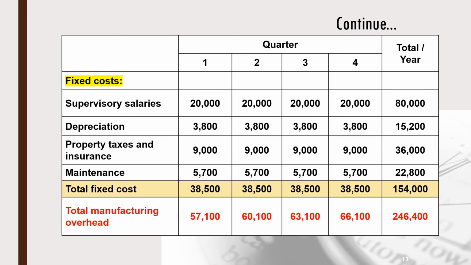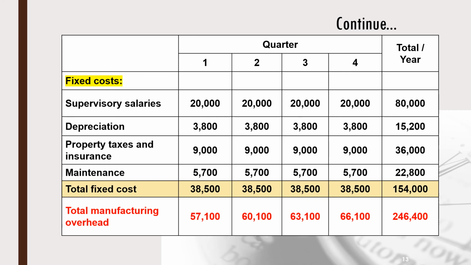So, the total fixed cost for supervisory salaries equals 80,000. The total fixed cost for depreciation equals 15,200. The total fixed cost for property taxes and insurance equals 36,000.